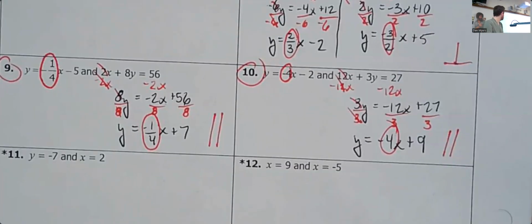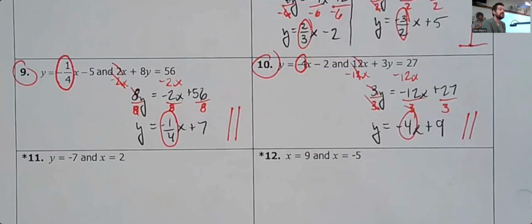And then looks like 10 is also parallel. The 8 is perpendicular, 9 is parallel, 10 is parallel. Any questions on 8, 9, or 10?